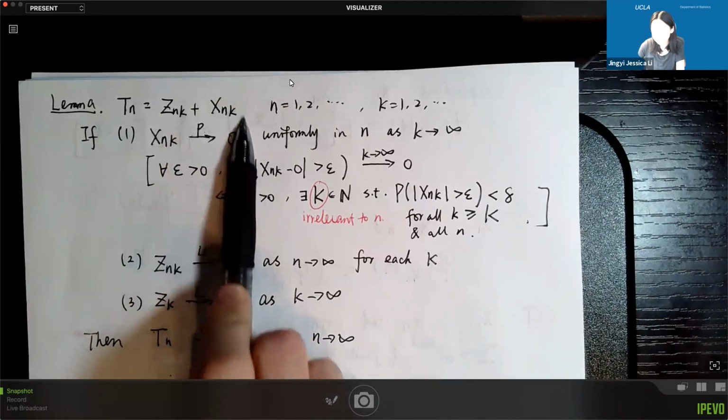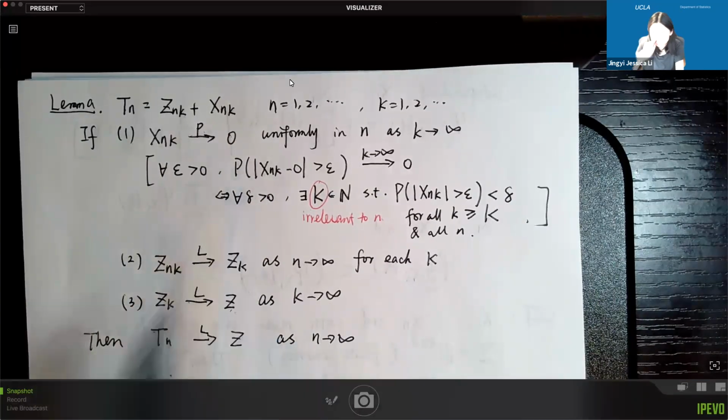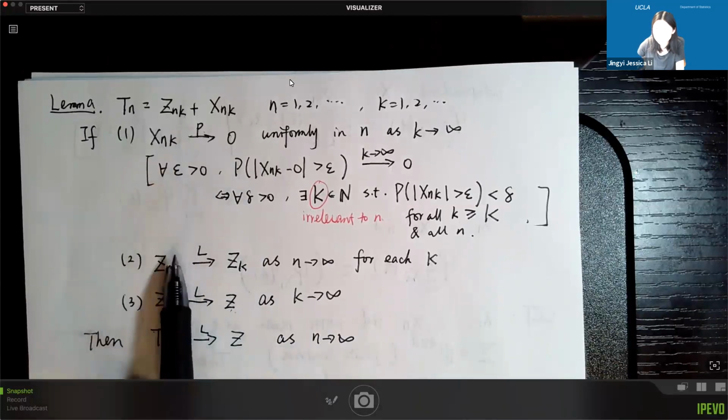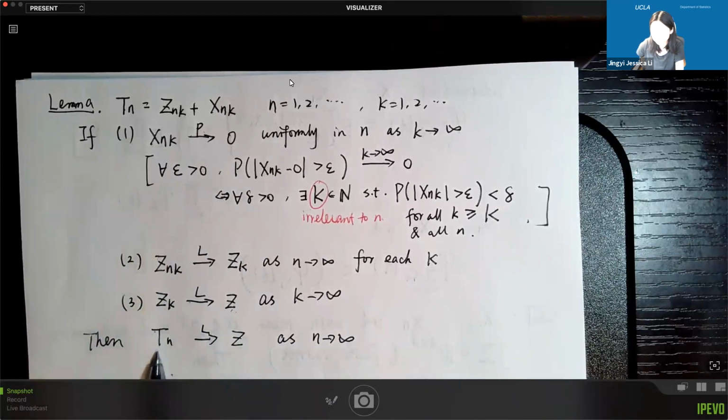So this is a proof for convenience. If we can easily prove those three conditions, then we can finally prove the target, the asymptotic distribution of T_n in terms of n.